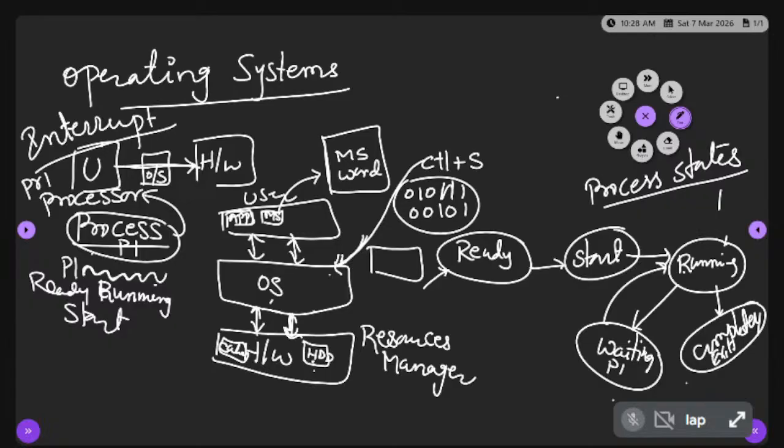Because your waiting period is longer, you have to wait again, and P1 goes under the waiting state: 1, 2, 3 minutes, 4 minutes, still it is waiting. Meanwhile the processor is doing some other task, no? Matrix multiplication. They are also executing: started, ready, running and so on.